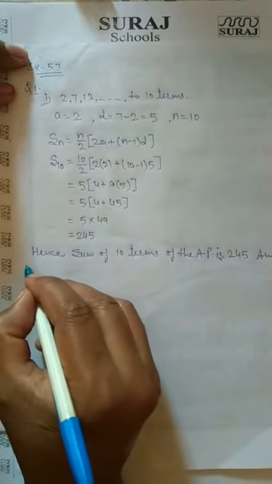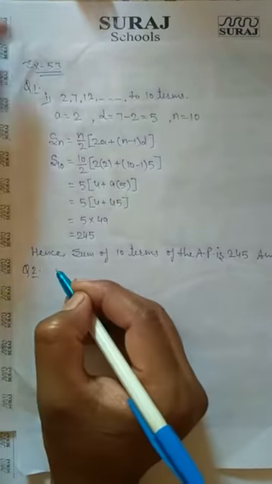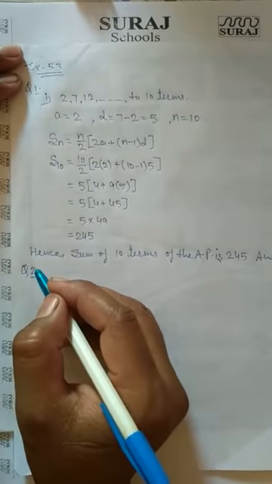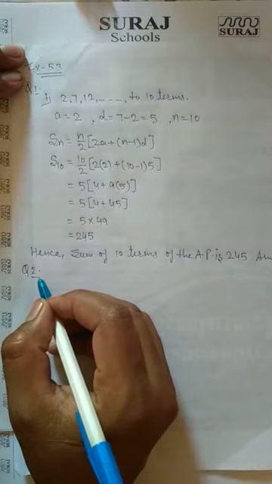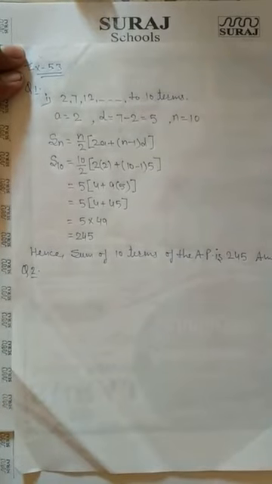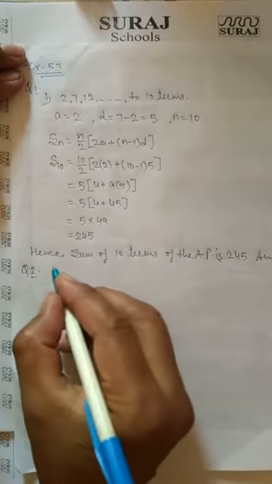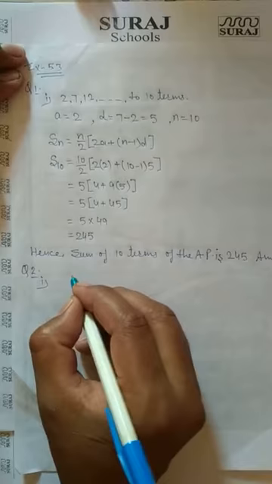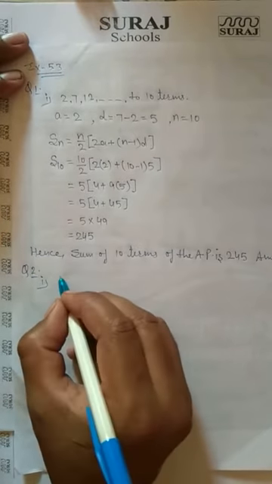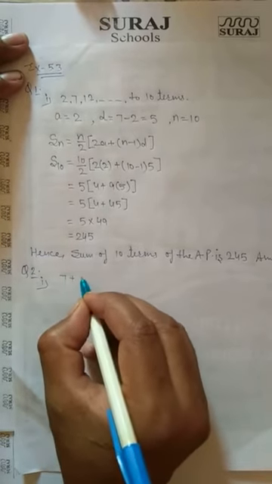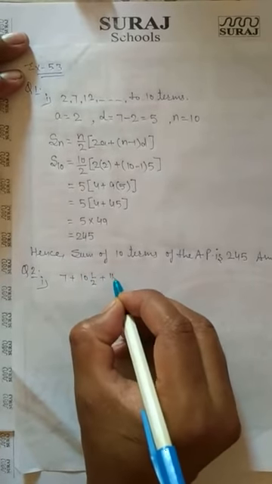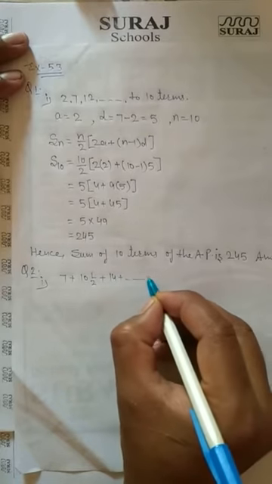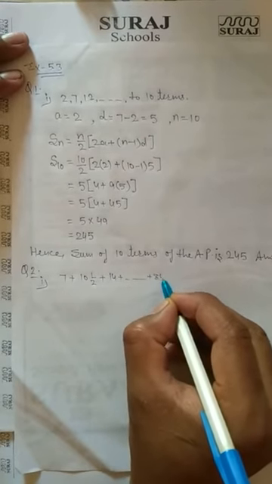I start here the question number second of exercise 5.3. Question number second says find the sums given below. Here an expansion is given, beta, and the question says find the sum. So let's start, beta. Question first of second: 7 plus 10 plus 1 upon 2 plus 14 plus and so on plus 84.